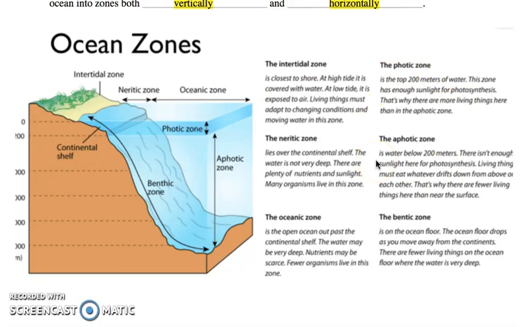Photic means there's going to be light, which will go down to about 200 meters in depth. Beyond that, there's not enough light to have photosynthesis working properly, so you're not going to get photosynthetic organisms below the photic zone. The aphotic zone, A means without or not, so this is an area without light. And benthic. Benthic means bottom or the floor, so anything on the bottom of the ocean or the floor of the ocean is considered the benthic zone.